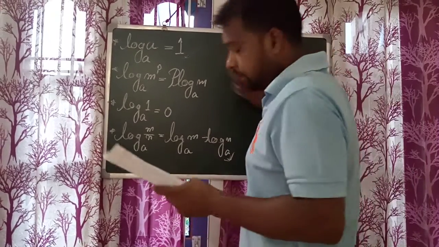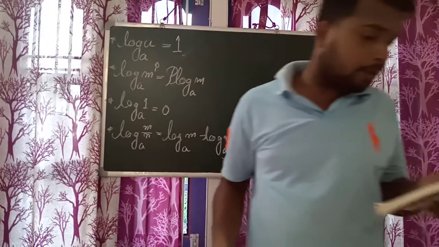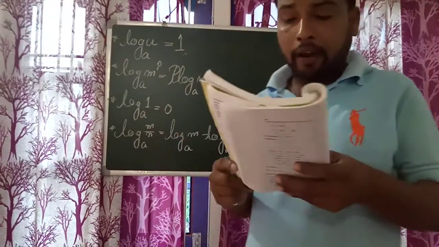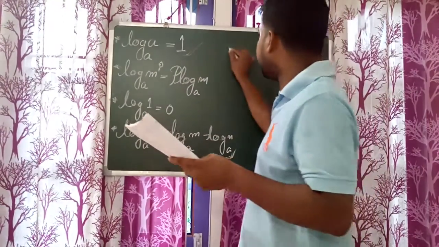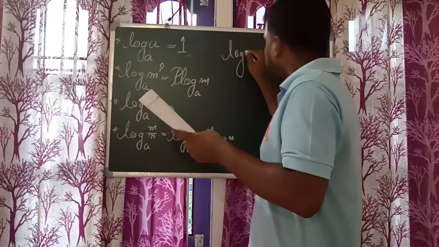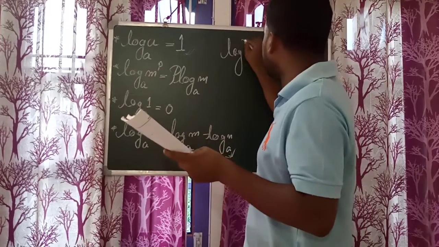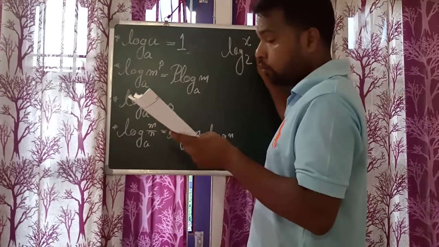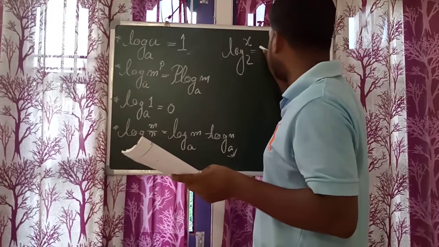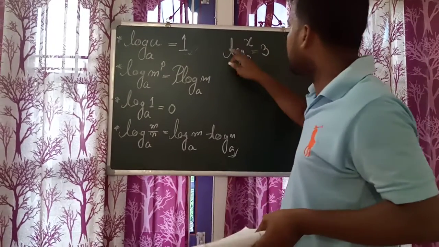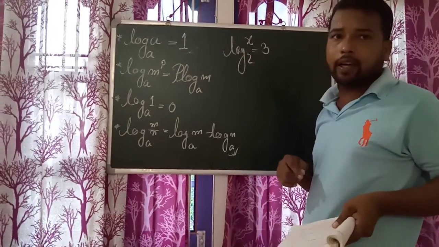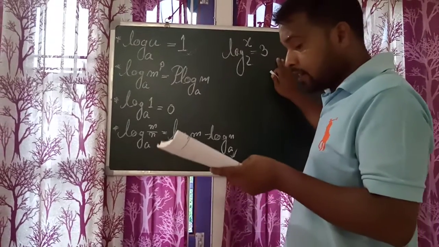Okay, now go to question number 2. Find the value of x. Log x base 2 is equal to 3. Here see one thing.